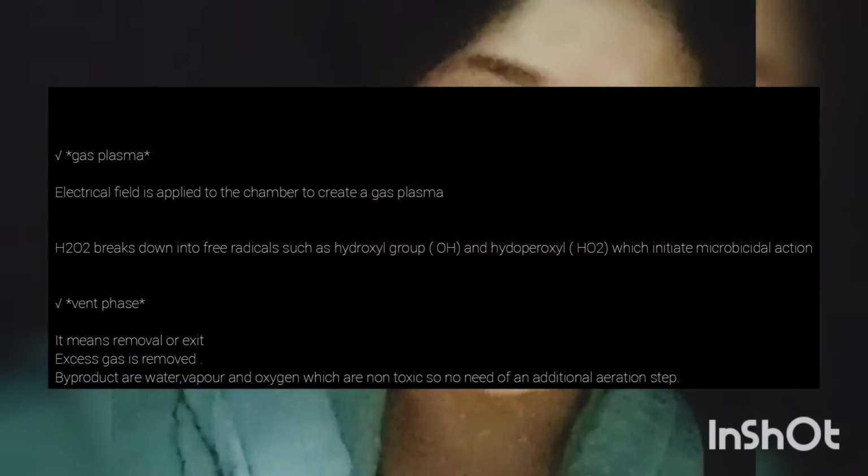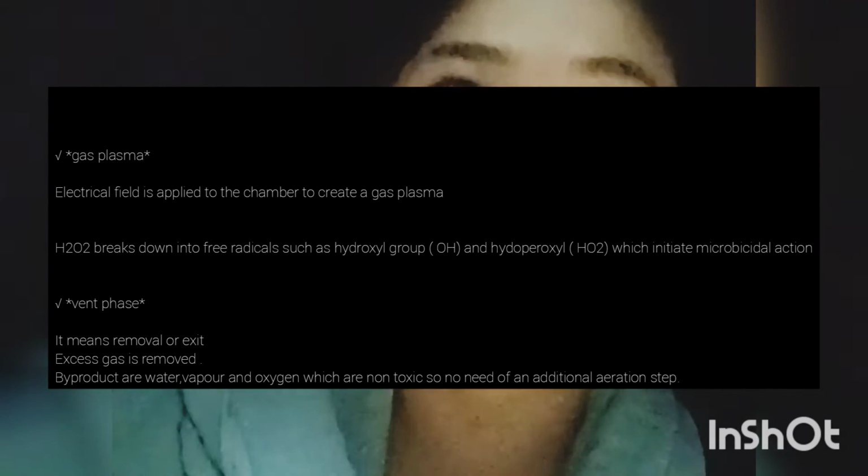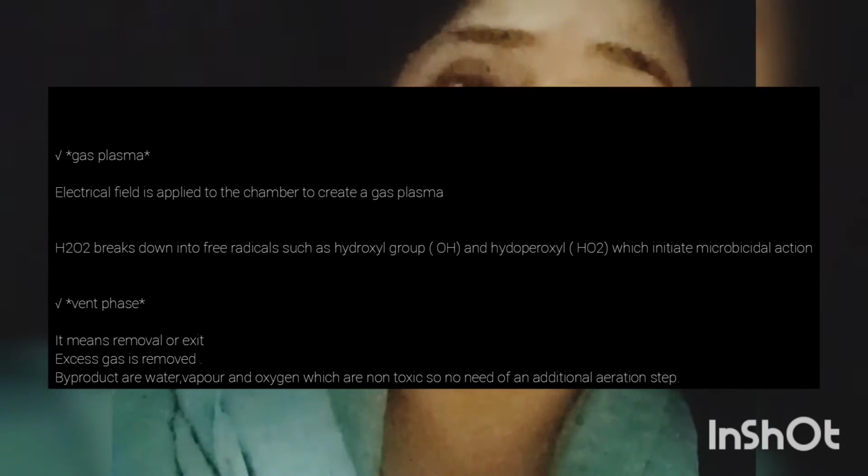The gas plasma phase is the important phase. In this phase, a vacuum is created, a gas plasma state is created by applying an electrical field, and microbial inactivation takes place. The last step is the vent phase. Vent means removal.